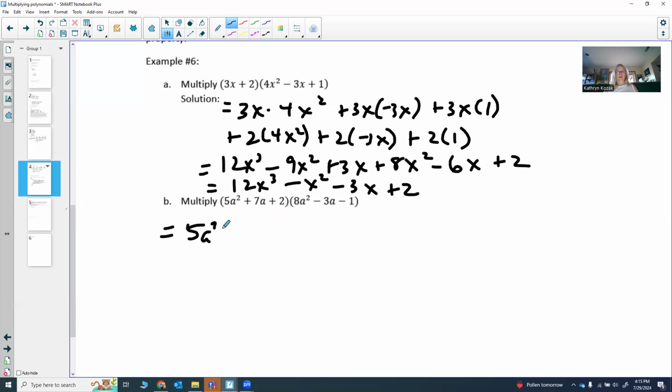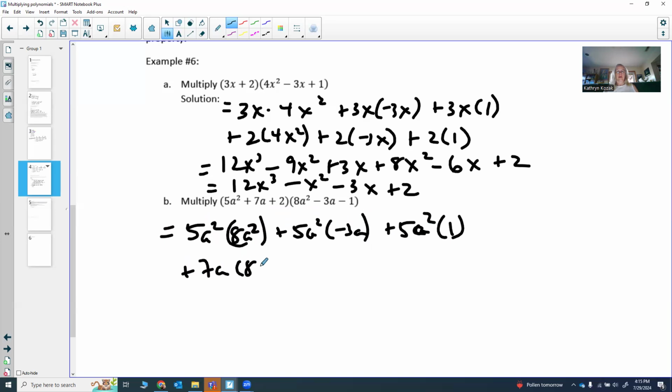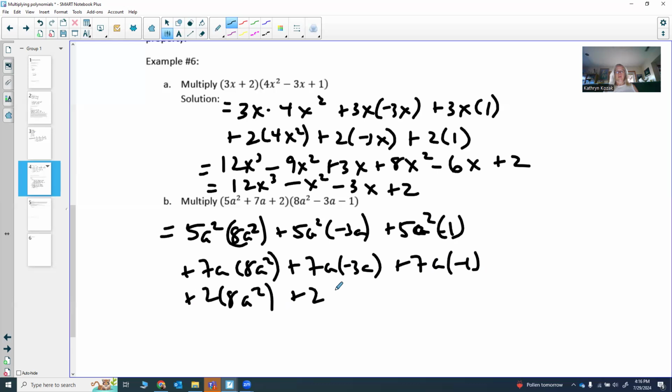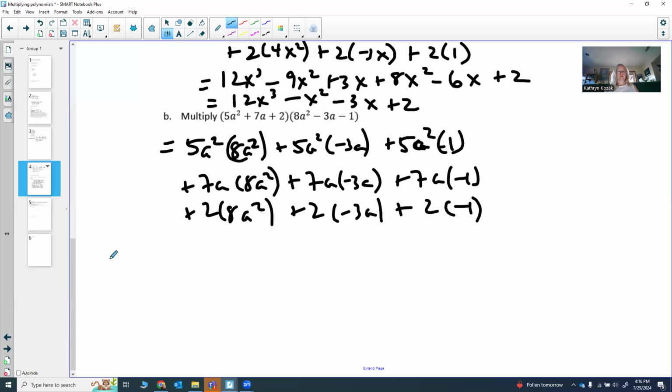That'll be 5a squared times 8a squared plus 5a squared times negative 3a plus 5a squared times 1 plus 7a times 8a squared plus 7a times negative 3a plus 7a times negative 1, and I'm sorry, that was a negative 1 up there, apologize, plus 2 times 8a squared plus 2 times negative 3a plus 2 times negative 1. Now just multiply out and collect like terms.